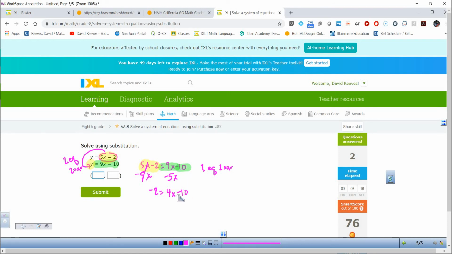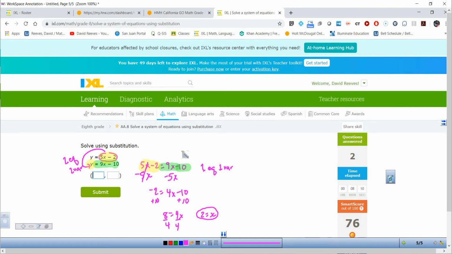Now this one is looking good here. We got a two-step equation using inverse operations. I'm going to add 10 to both sides. I get 8 is equal to 4x. I'm going to divide by 4, and I'm going to get 2 is equal to x.